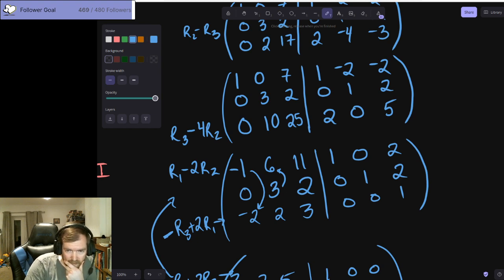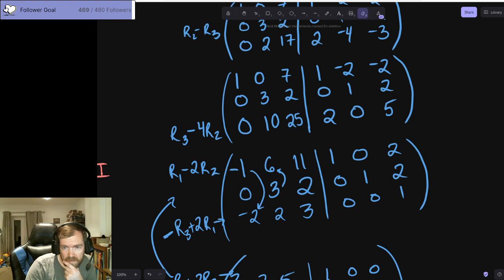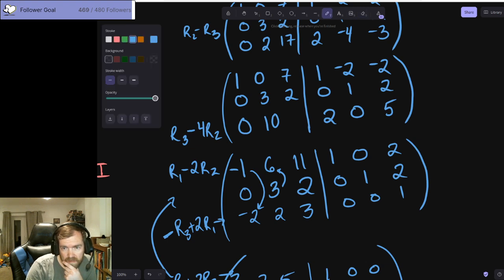Alright, negative row 3 plus twice this is going to be 22. Minus 3 is going to be a 19. Plus twice that. This, negative this, plus twice that.